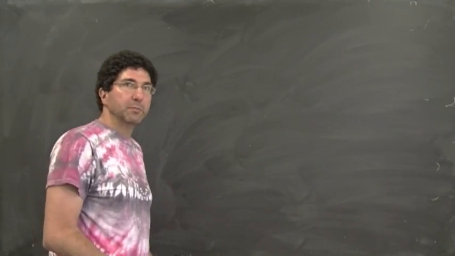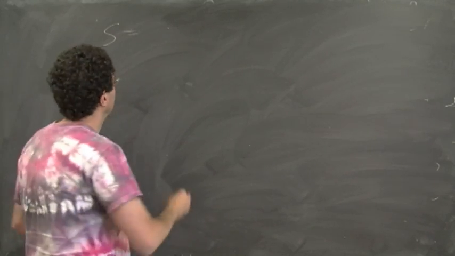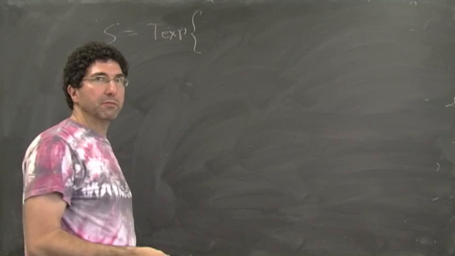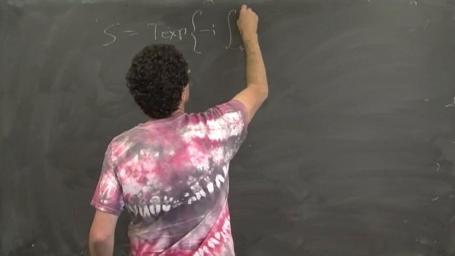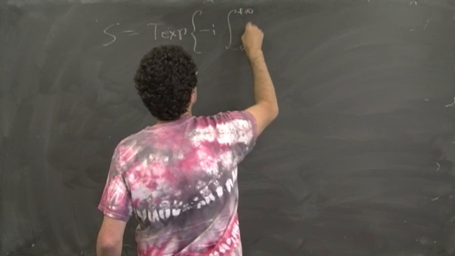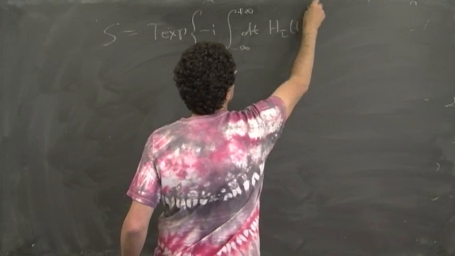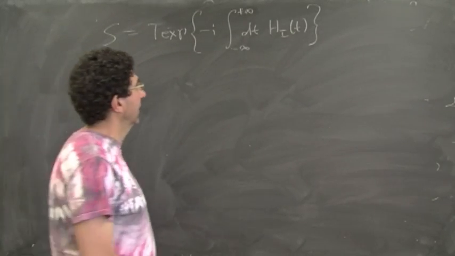So to see why it's better, let's write it out. The S matrix now is just this time-ordered exponential where the initial time is minus infinity and the final time is plus infinity. So I just integrate over all times dt of my interaction Hamiltonian, okay? But what is my interaction Hamiltonian?